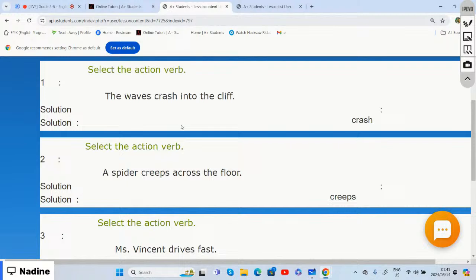And if we look at the first sentence, it says the waves crash into the cliff. We need to identify the action verb within that sentence.